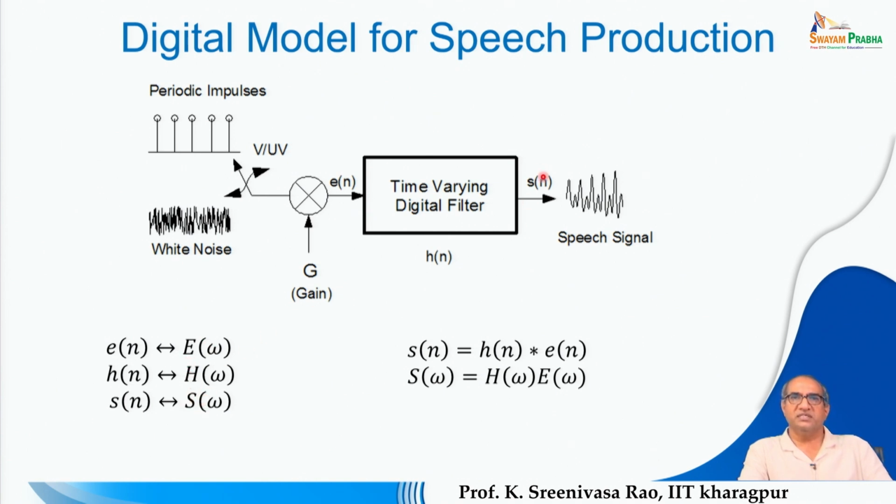And since we formulate the vocal speech production system as a linear system, you can visualize the speech as a convolution of the excitation signal with the response of the vocal tract system.